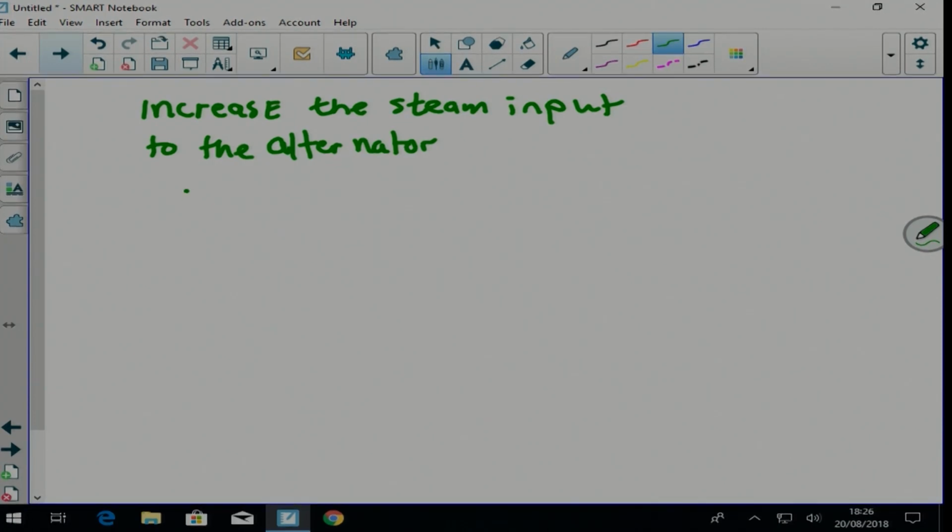So increase in steam is directly proportional to our load angle. Now let's say we increase the steam input so that the new load angle is now 45 degrees. What is going to change?